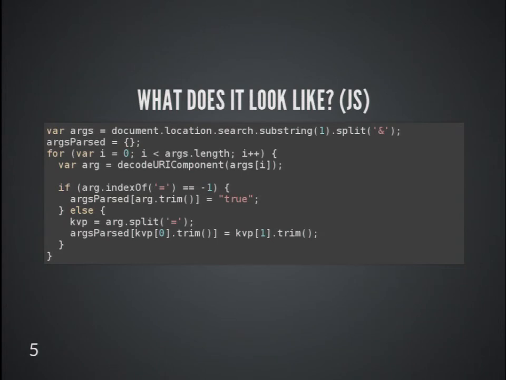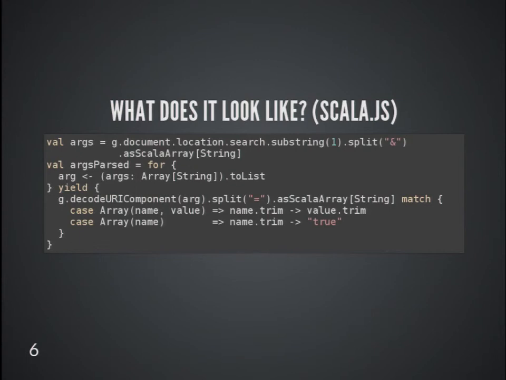It's supposed to be most interesting with large applications, and I have one slide to make a point, so it's quite difficult to find a good snippet. So I ended up looking on Stack Overflow for a question about JavaScript, and I found this one, which is supposed to parse the query string of the browser. So this is JavaScript, and this is how it looks in Scala.js.